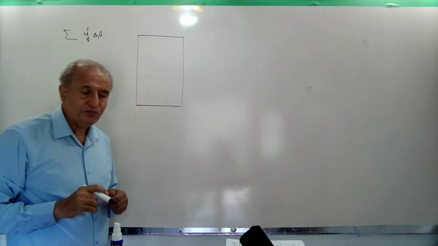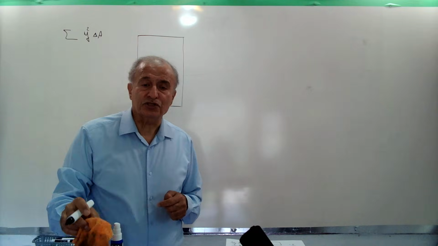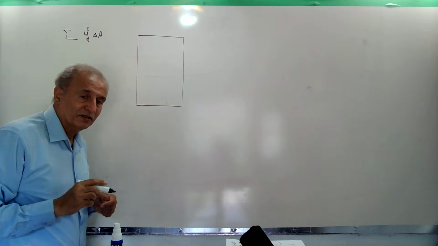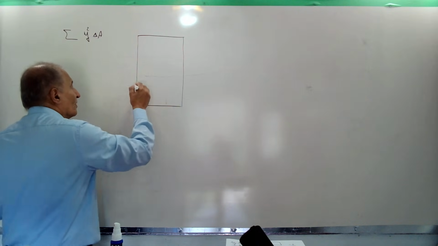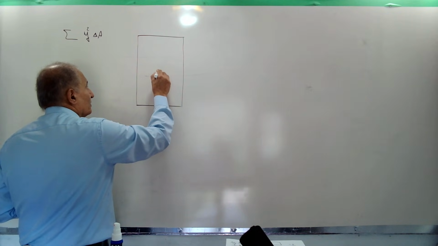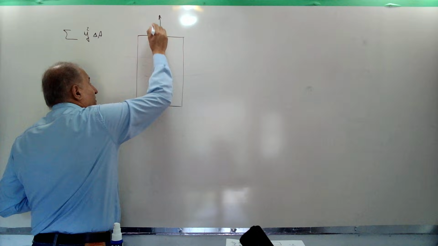This is the moment of inertia for a cross section, which for example is a rectangular shape.